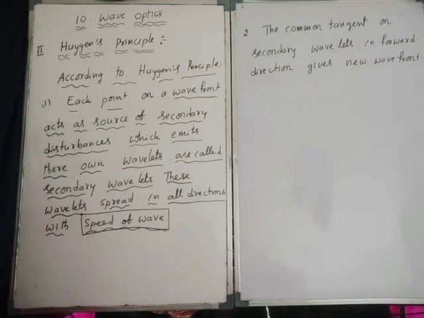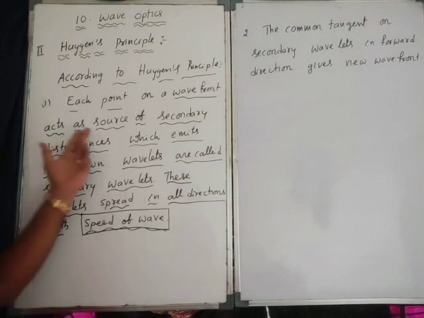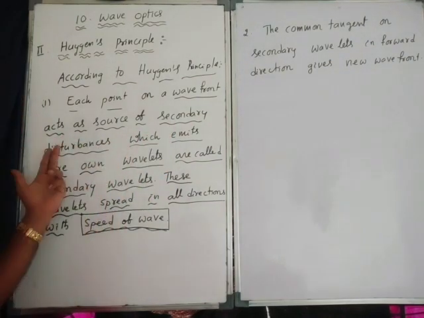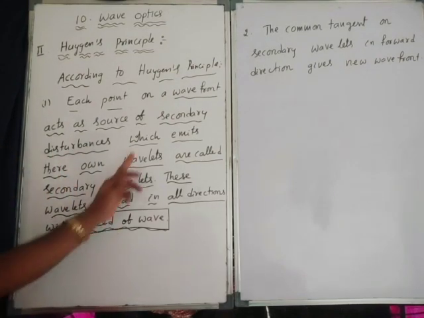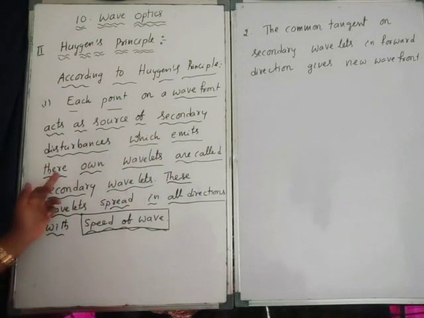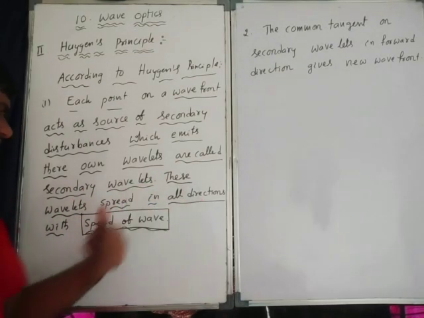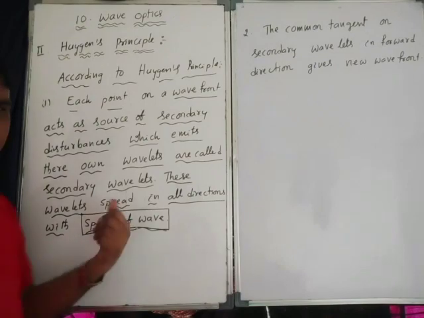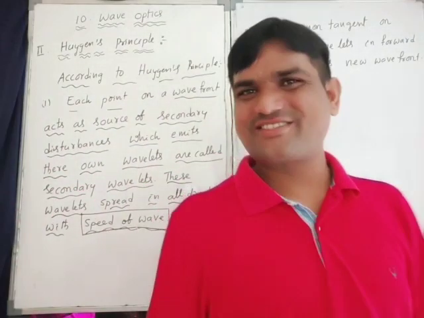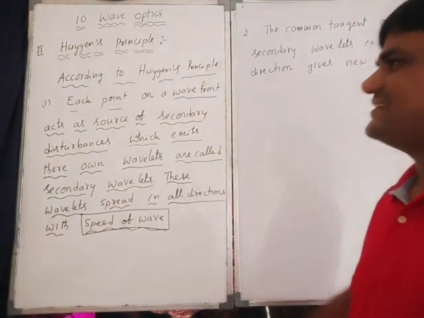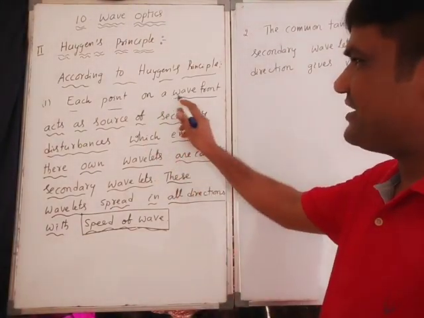What is the first point here? Each point on a wavefront acts as source of secondary disturbance, which emits their own wavelets, are called secondary wavelets. These wavelets spread in all directions with the speed of wave. Very important point. Understood everybody?